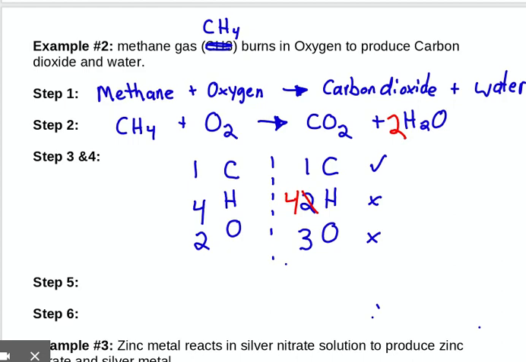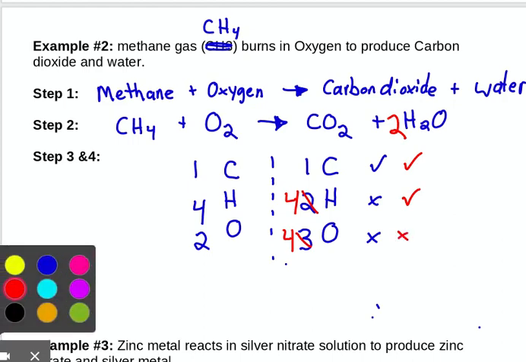I had 3, but now I have 4 of those as well because the 2 waters means I have 2 oxygens. So we double check if things are lining up. Carbon we didn't do anything to, so it's still the same. Looks like our hydrogens are equal now, but our oxygens are not equal. So we have to do something about our oxygens.